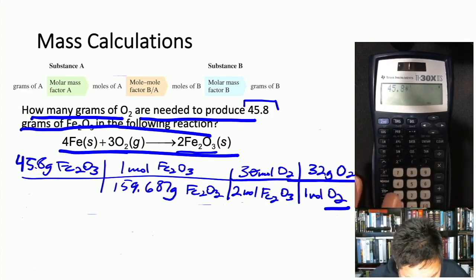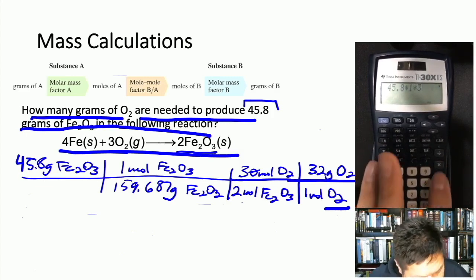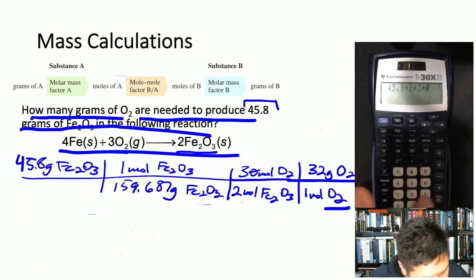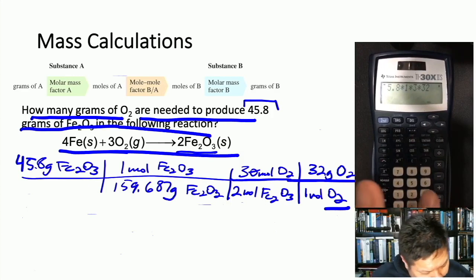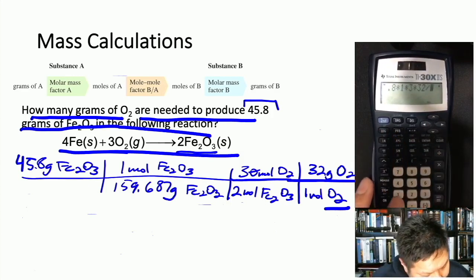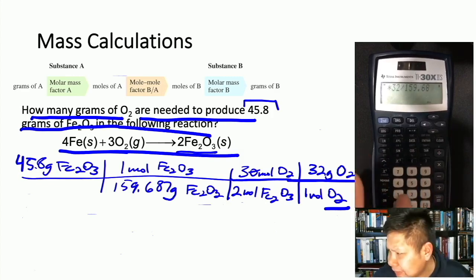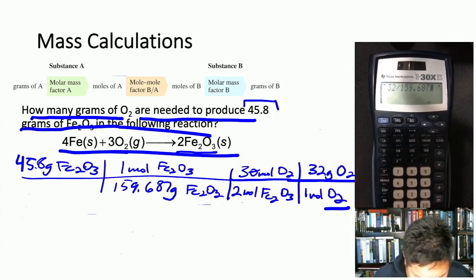Times 1 times 3 times 32, right? And then divide that by 159.687.